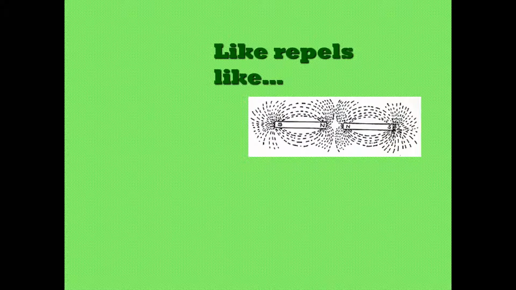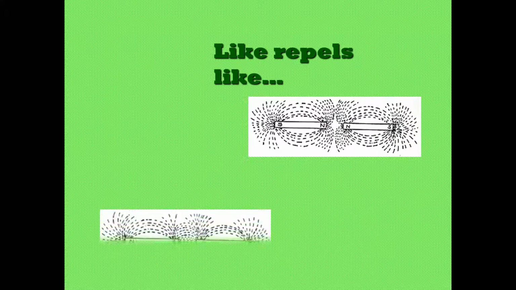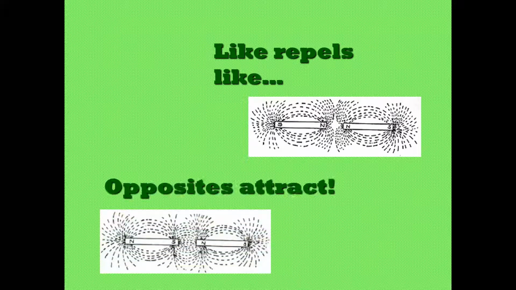So like poles repel, and opposites attract. What does that mean? If we bring two North Poles too close together, both of these magnets would repel each other, but a North Pole would attract a South Pole.